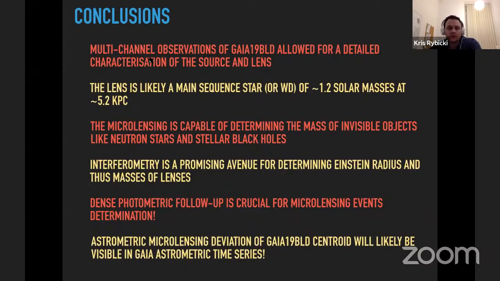So it is perfectly viable to do all this I just described for, for example, stellar-mass black holes. And also, as you have seen, it would not be possible without the very dense and precise follow-up from the ground. So keep your work going. I'll stop here. Thank you.